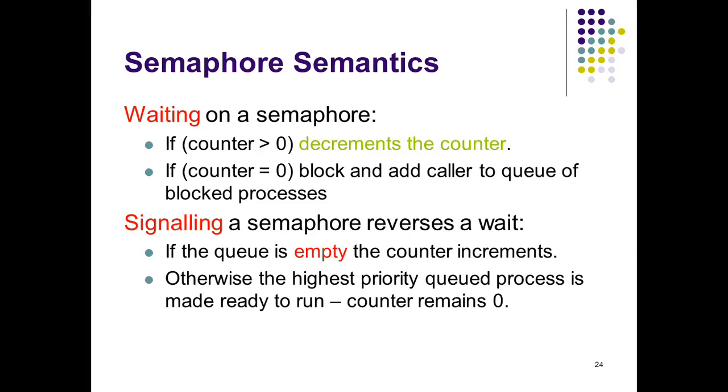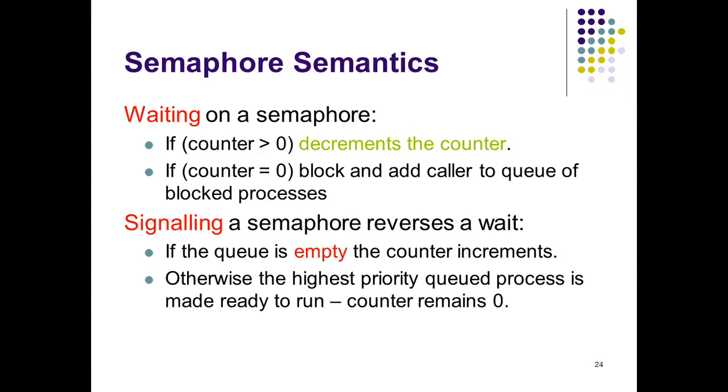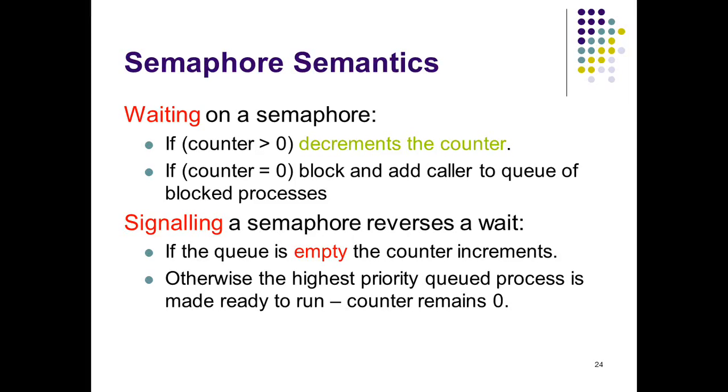So the first 3 people can grab a separate printer, and you can use a single semaphore to control it, because as a process you just say, can I have a printer? You don't want to say, I want the first printer. So you can have multiple processes, they all wait on this counter. As you fill it up, you fill out the processes, your counter becomes 0.